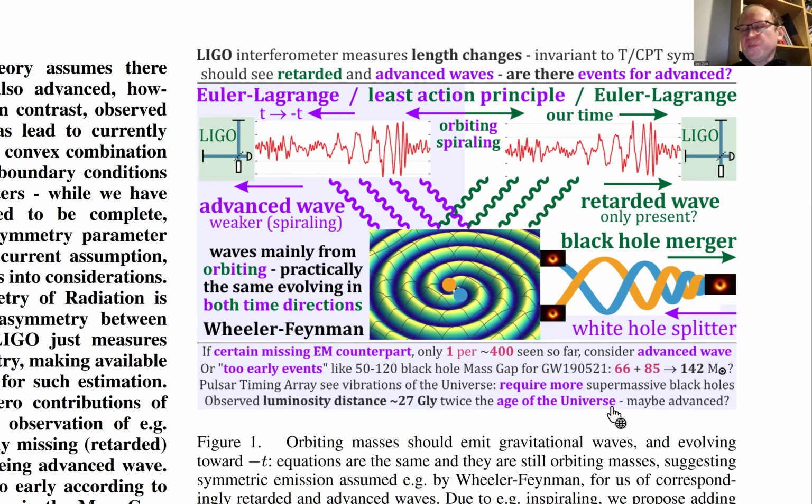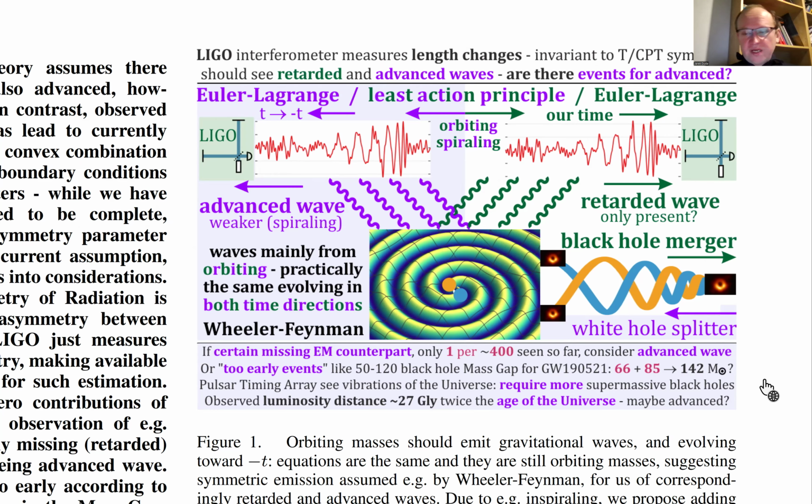So considering only the retarded ones seems insufficient. Maybe we should also include the advanced one. If you think about space-time as a 4D membrane, when there is some perturbation, a circulation, it should emit waves forward, but also maybe backward in time. So symmetry suggests that there should be both.